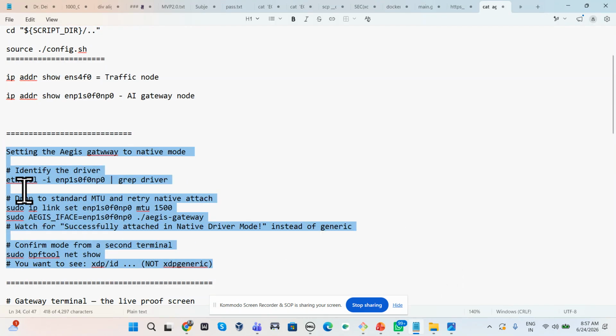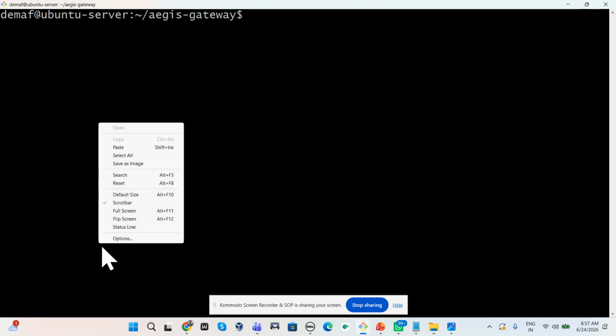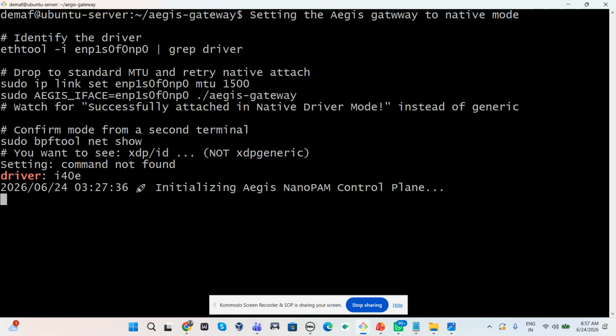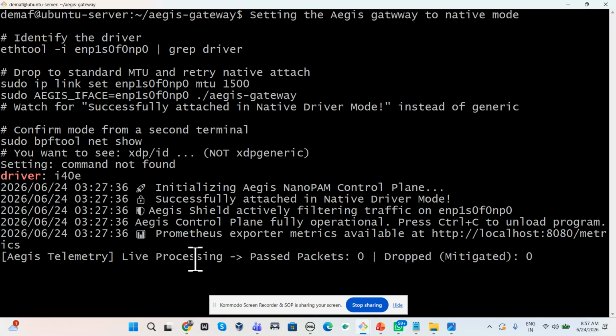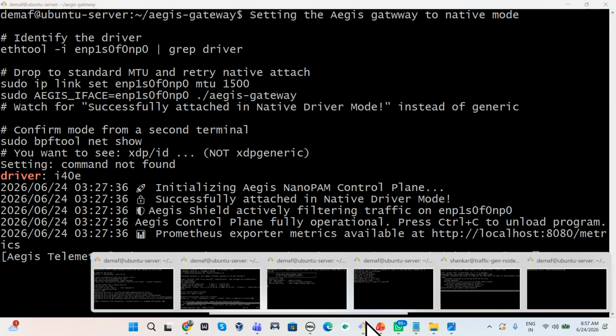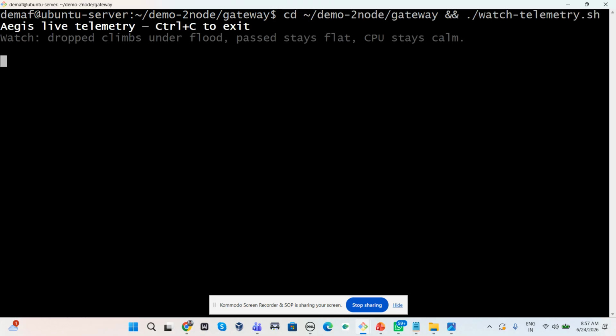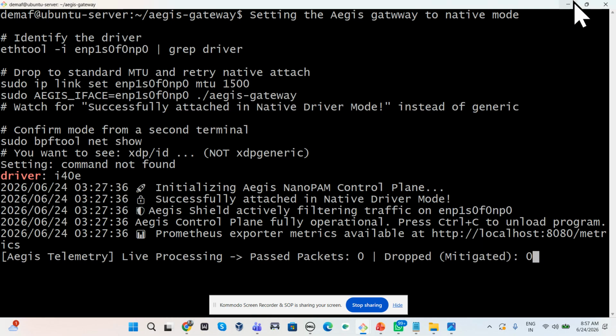We are rerunning the gateway. So all the packet telemetry counters, passed, dropped, and banned IPs, are zero.